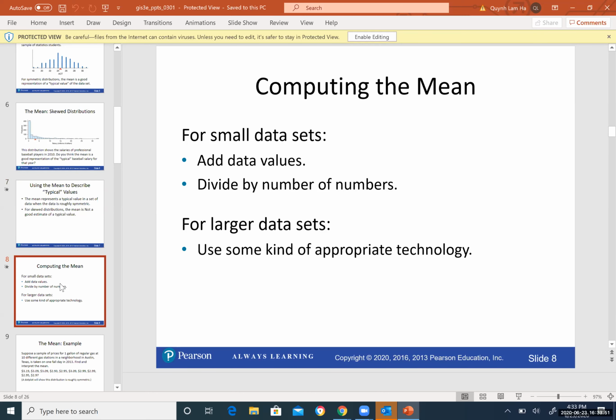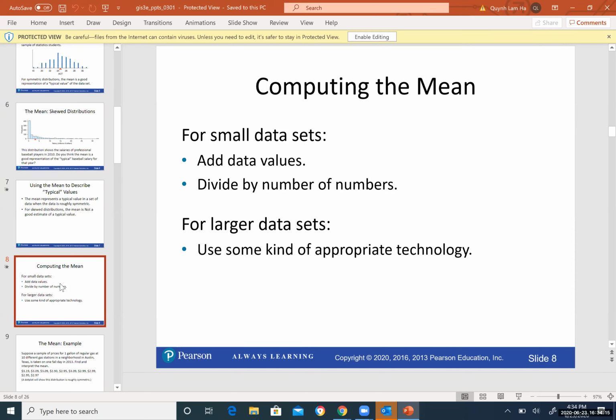So how do we compute the mean? Like I said, you add all the data values given, and then you divide by the number of values. For example, if I have 5 data values, I add the 5 together, and then I divide by 5. The data can be decimal numbers, whole numbers, fractions, whatever. It can be huge, right?